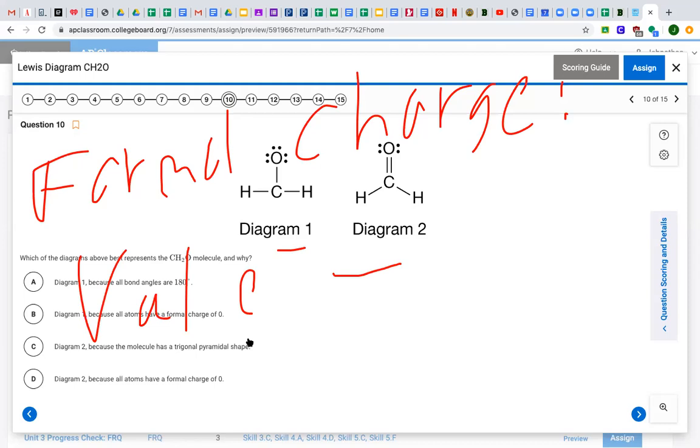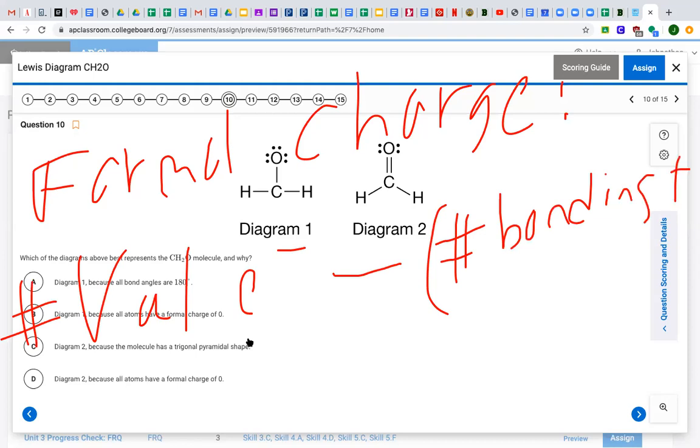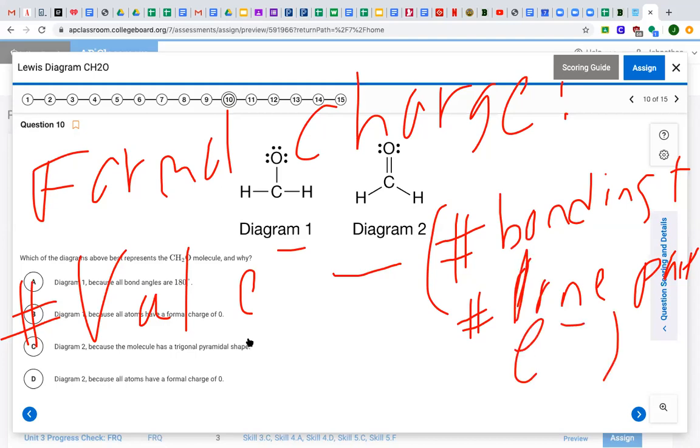So formal charge equals the number of valence electrons minus the number of bonds minus the number of lone pair electrons. That's correct. So it's the number of bonds plus the number of lone pair electrons subtracted from the total number of valence electrons, okay?